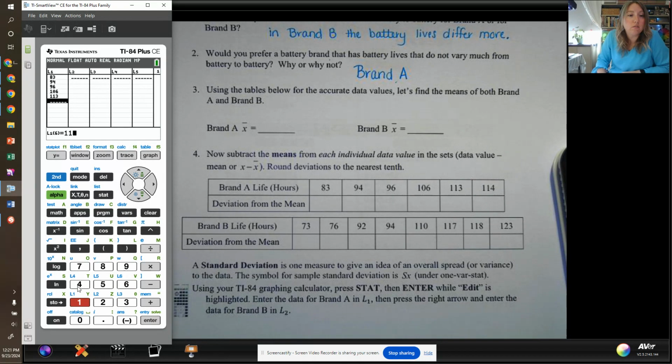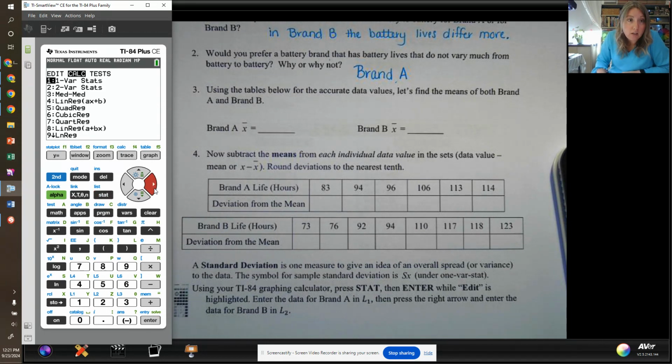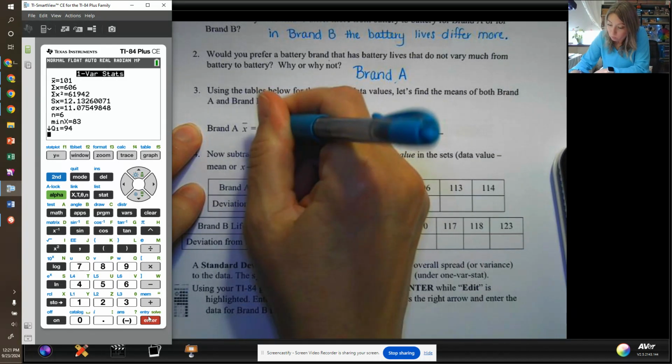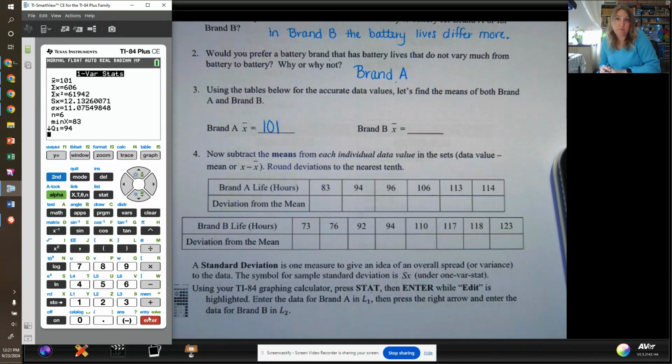It's pretty good data for brand A. I need to find the mean in brand A, so the average. So now I press Stat, I arrow right to Calc, and I do 1 var stats, with list 1. Okay, there it is. Pops right up as my very first thing. Brand A's mean is 101 hours of battery life.